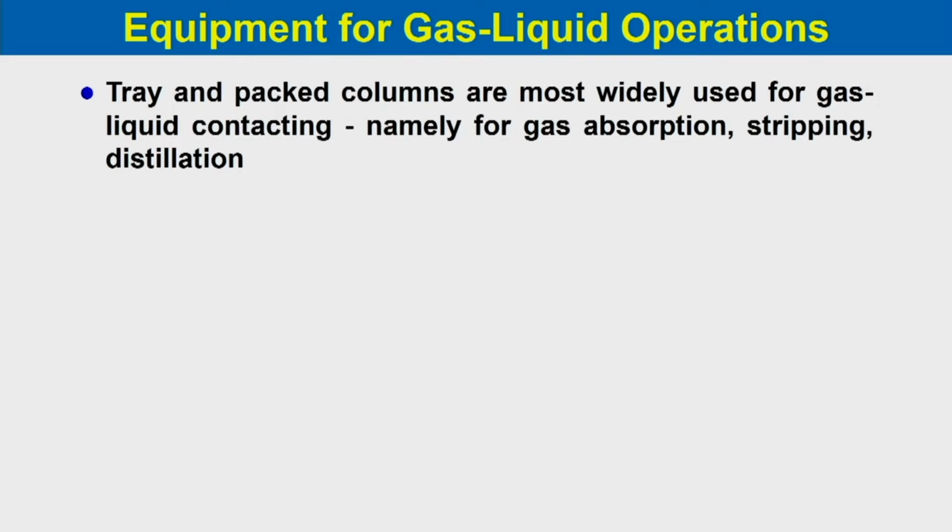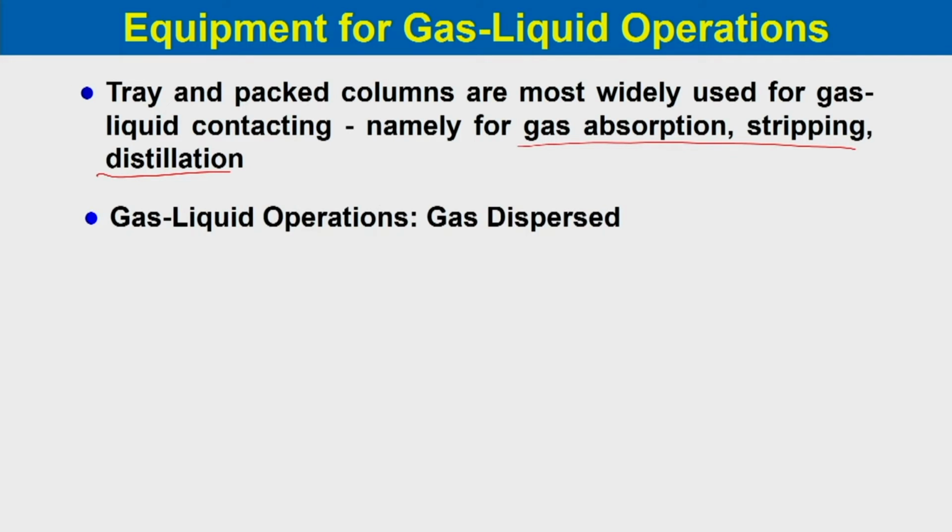Tray and packed columns are most widely used for gas liquid contacting, namely for gas absorption, stripping and distillation. So, for these three applications, tray or plate columns and packed columns are widely used. Gas liquid operation, so, gas dispersed. The main objectives are the following.